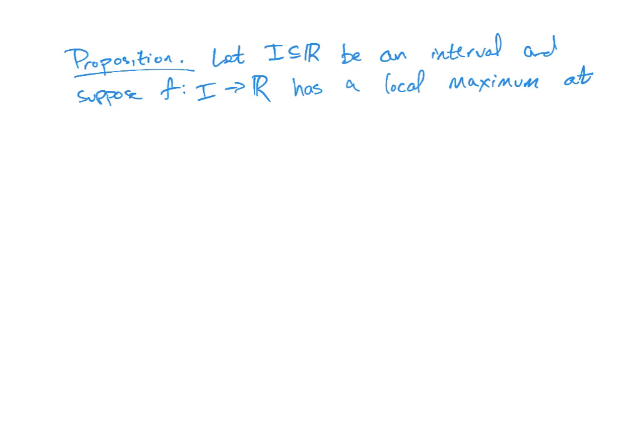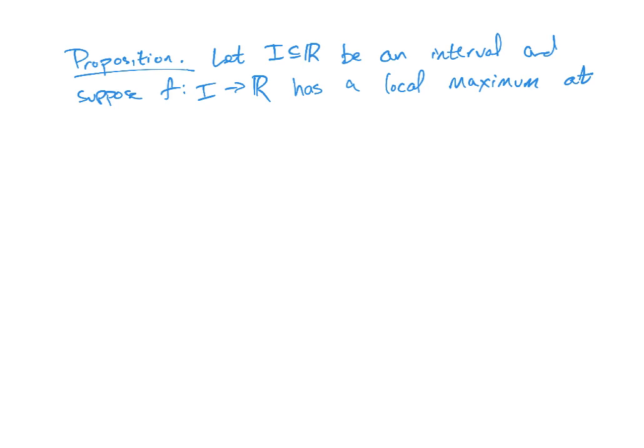Now, our definition of local maximum is really not good for endpoints of the interval. Okay, so we're basically just going to have to ignore endpoints. So we're only going to look at interior points.